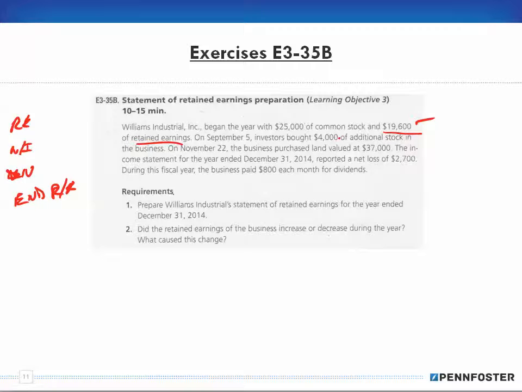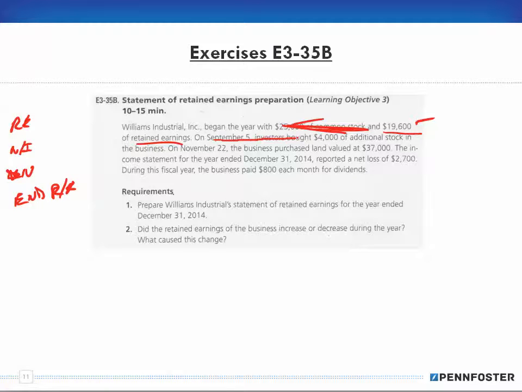The purchase of additional stock in the business has nothing to do with our statement of retained earnings. That has to do with our common stock. We don't need this $25,000 for common stock in order to create the retained earnings. So that's information that has nothing to do with the problem.